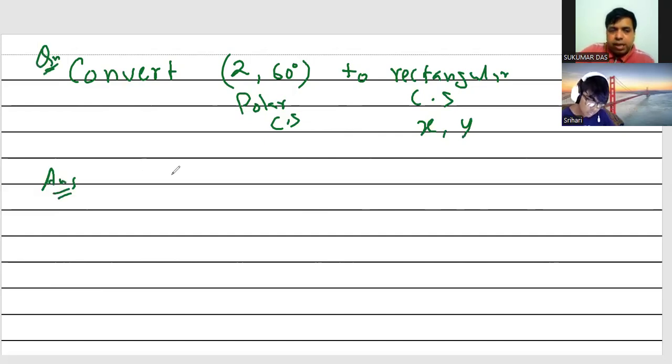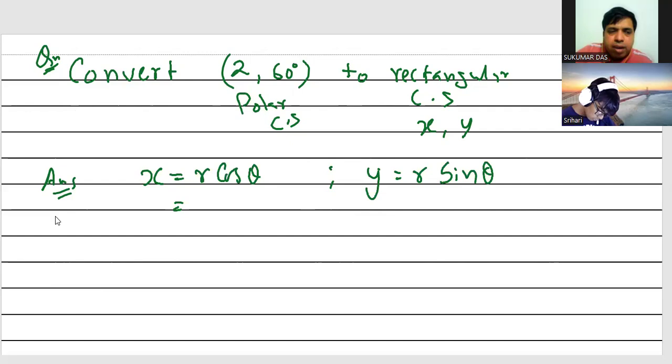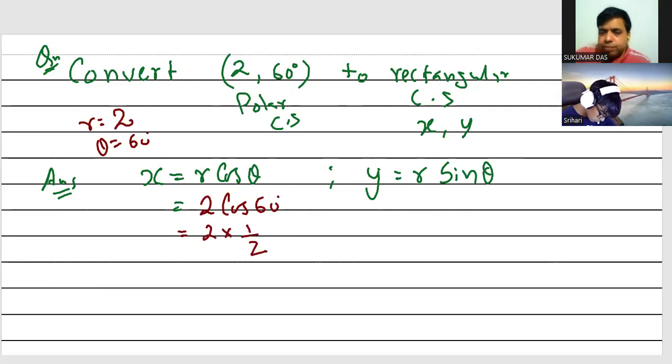We know that x is equal to r cos theta, and also y is equal to r sin theta. Here r is 2 and theta is 60 degree. So we write 2 cos 60 degree, that gives us 2 times 1/2, which is 1.